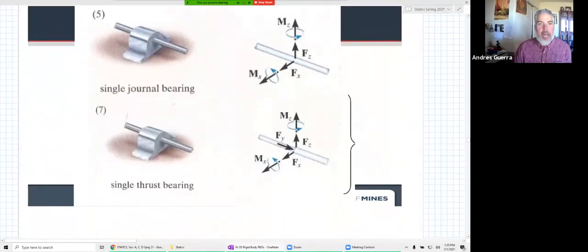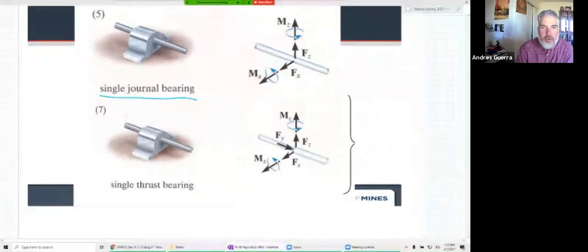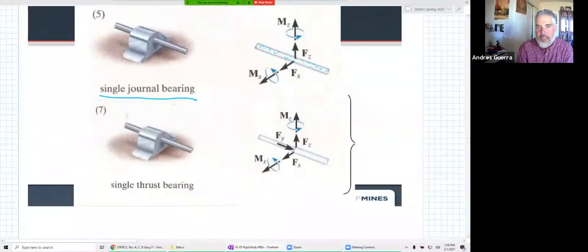Okay, now how about a journal bearing? A journal bearing is also something that allows rotation on one axis, and it's actually made for things to rotate along that axis. So we have this axis right here where it's allowed to rotate on. And so we don't see any moment there, but actually we see a moment on the other two axes and we see forces.